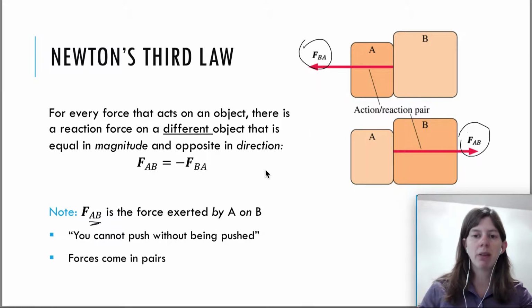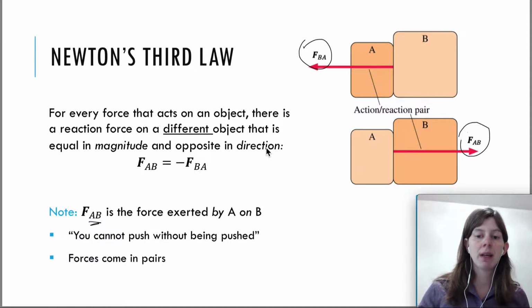Another way that I like to think of Newton's third law is that you cannot push without being pushed. If object B pushes on A, A is going to push on B. You can do this experiment right now. If you push down with your hand on your desk, the desk pushes back on your hand. The harder that you push on the desk, the harder the desk pushes back on you. So you can really feel the effect of this law.